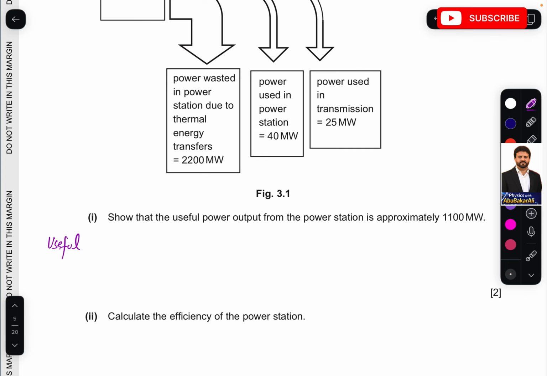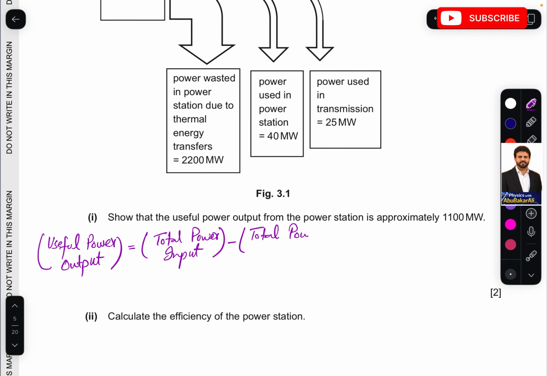So useful power output is equal to total power input minus total power wasted.